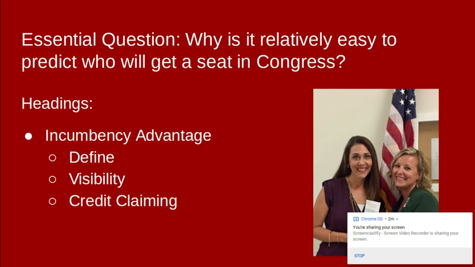So if you're Jamie Herrera Butler, again, featured in the picture right next to these bullet points, she feels fairly confident that she is going to win her race because it's a 90% likelihood that a representative is going to win their seat again. In the Senate, it's an even narrower margin, meaning they have an even higher likelihood of winning. So realize that if you currently hold the seat, it's most likely you're going to win that seat again.